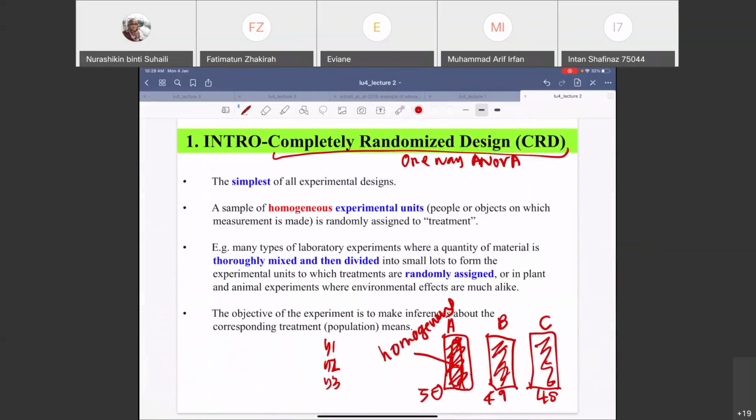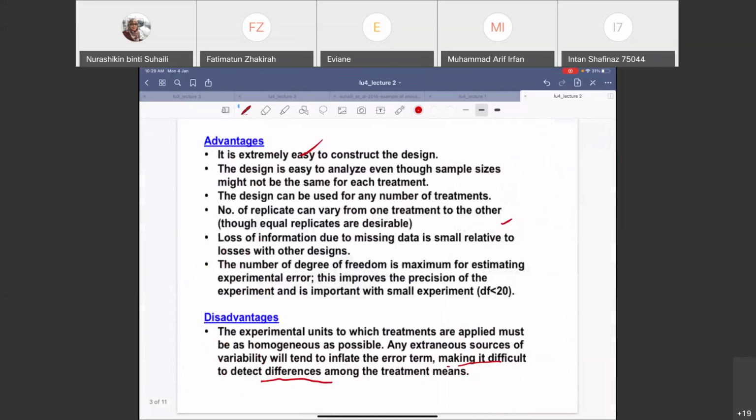Let's say there is a difference, but you do not know what it reflects, because your data is randomized. Unlike if you have year 1, year 2, year 3, you can see the difference clearly. Maybe year 1 has difference, year 2 has no difference. But with the randomized design, when everything is homogeneous, you cannot detect which level the difference falls into. So that is the disadvantage, although it's easier to conduct. That is meant by this statement over here.